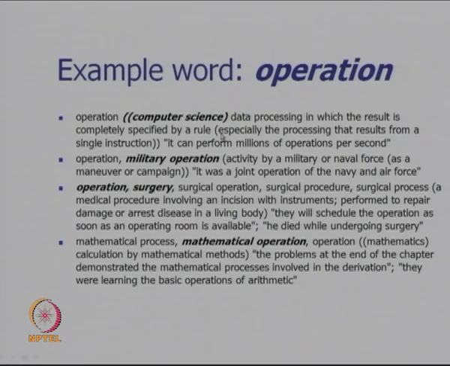For example, operation in the sense of computer science, especially the processing that results from a single instruction. In case of military operation, as a maneuver or campaign by the military. In the sense of medical operation, a medical procedure involving an incision with instruments performed to repair damage or arrest disease in a living body. In mathematics, calculation by mathematical methods.